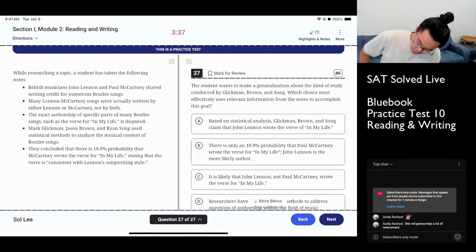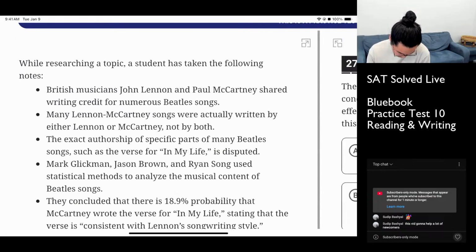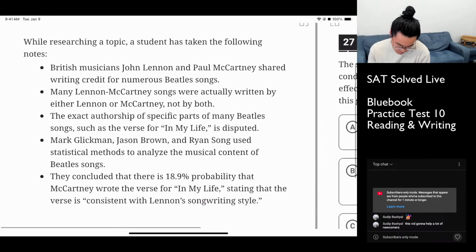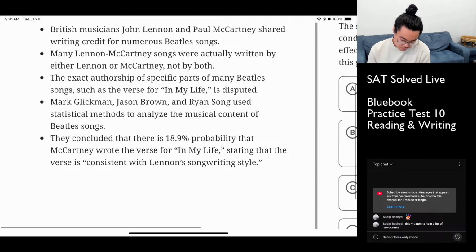27 says make a generalization about the kind of study by GBNS. So are GBNS the same kind of person? Okay, GBNS are all of the same type. They use statistical methods. Okay, so let's make a quick generalization. Let's go. John, they have co-writing credits. They were written by either, but not by both. Okay, therefore, the exact authorship is disputed.